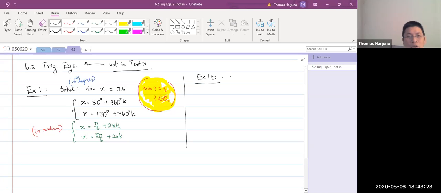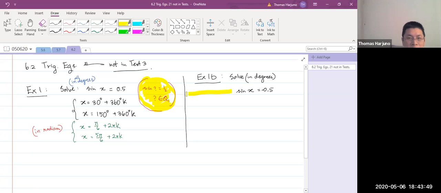Suppose I make it: solve in degrees sine x equals negative 0.5. Now, the way you think is still the same.